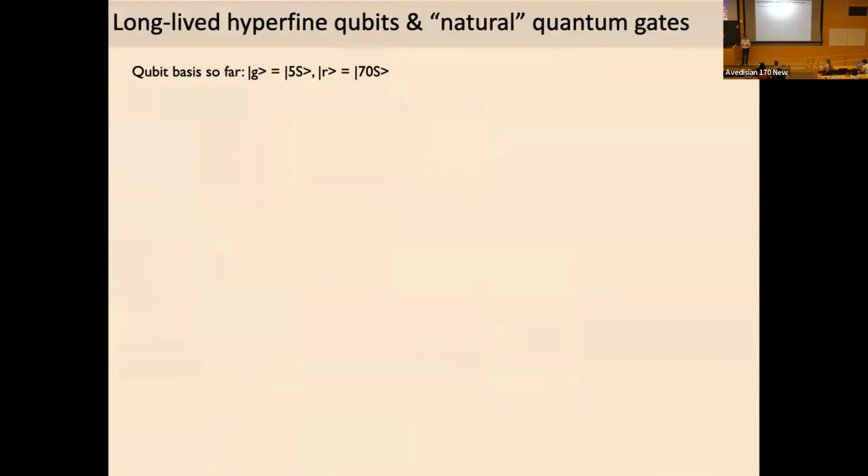So, in light of my introduction, let's go back. I mentioned to you that there might be different types of encodings which one could explore. The qubit basis which we used so far involved using the ground state and the Rydberg state to encode the qubit. But this type of approach has some clear limitations.